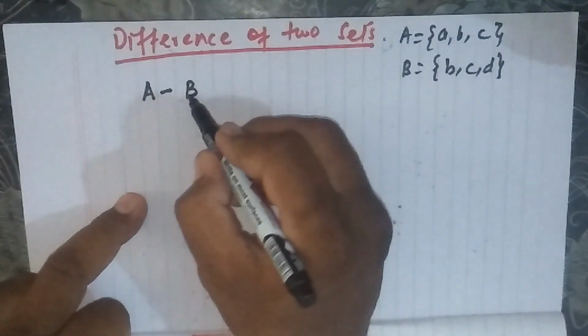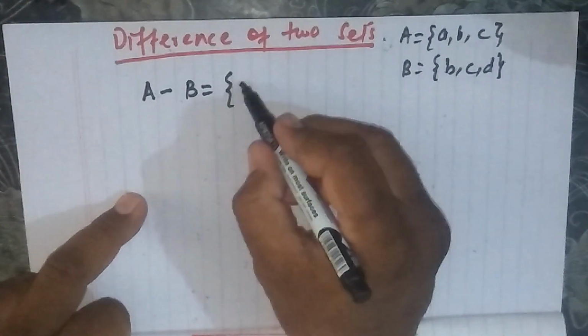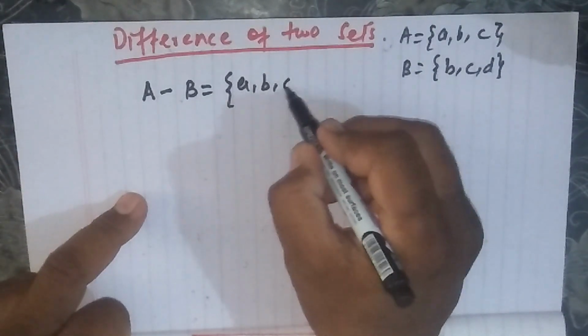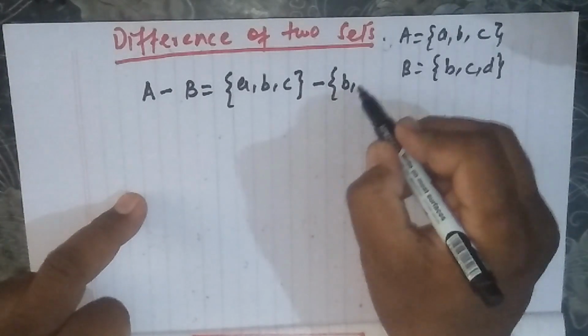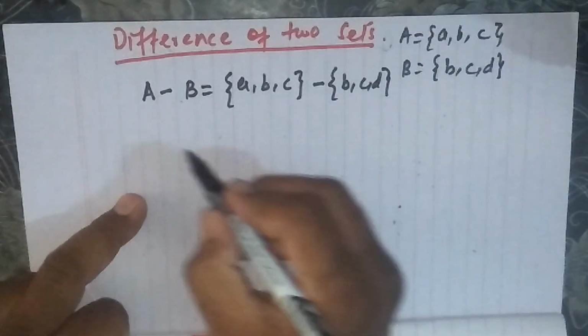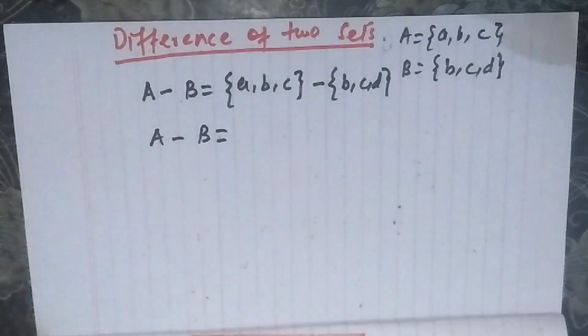This is A minus B. This is equal to set A, which is A, B, and C, minus set B, which is B, C, and D.